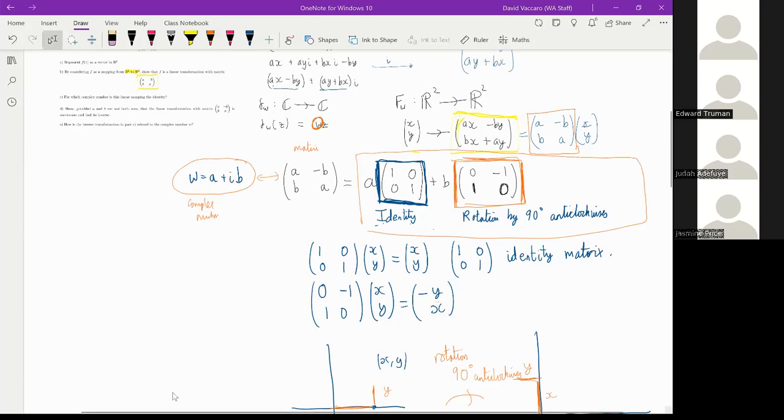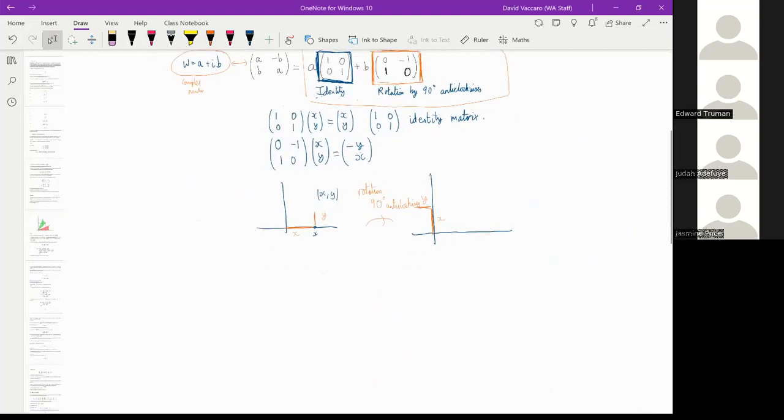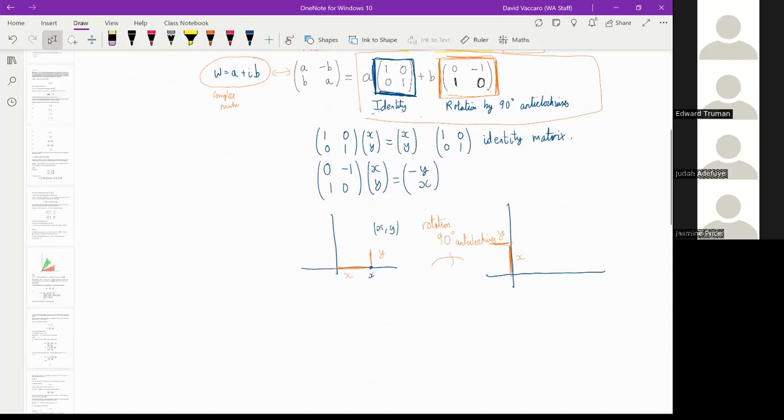Maybe that's a little bit of a Zen question. Well, okay, let's think of it this way. Which complex number can we think of as being this first identity matrix, 1, 0, 0, 1?